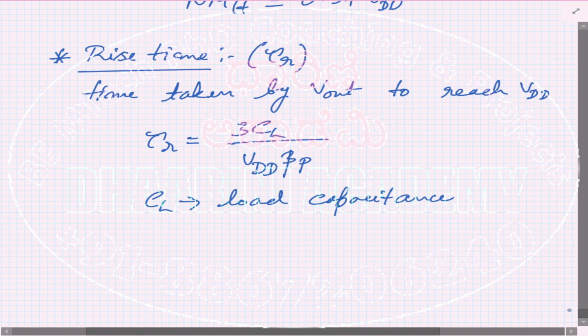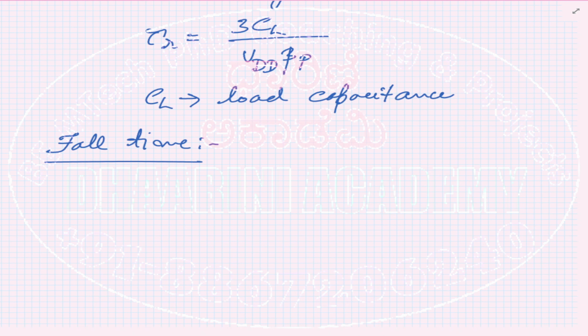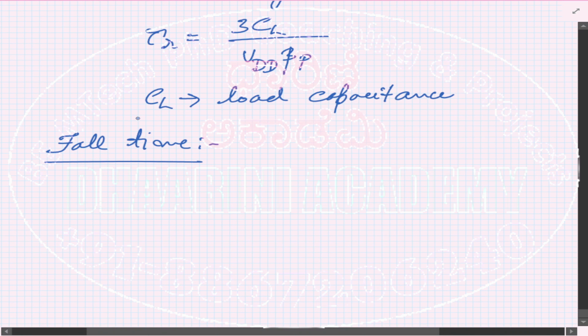Then the next term you need to define is called the fall time, again denoted by tau f.